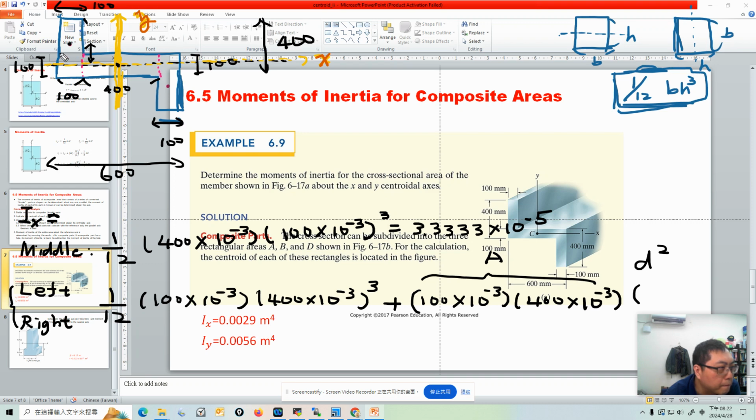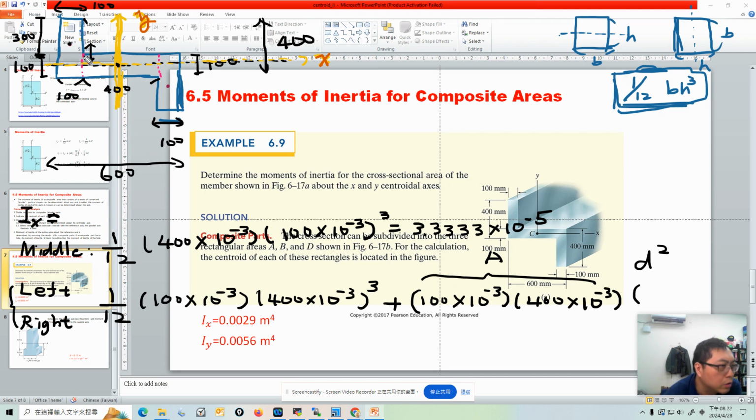Here is 300, and here is 200, so this is 100. Does anyone agree with this? 100 millimeter. Is that true? Really, 100 millimeter?